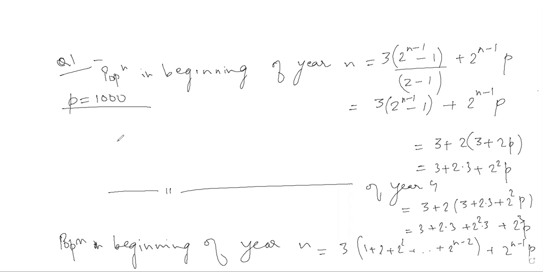Okay, that is given in the question, and then n is equal to 16, because if we see the question, yeah, this is the question. If the population in the beginning of year 2019 is 1000, and we are asked the population in the beginning of 2034.